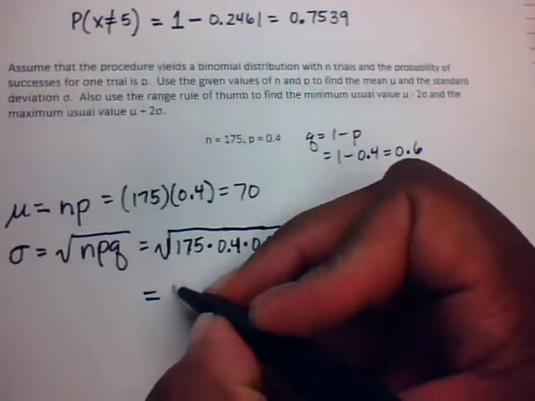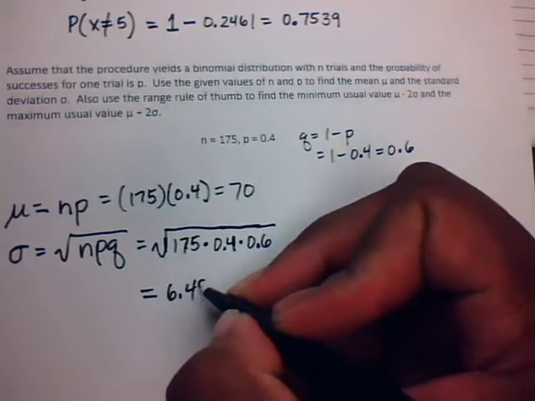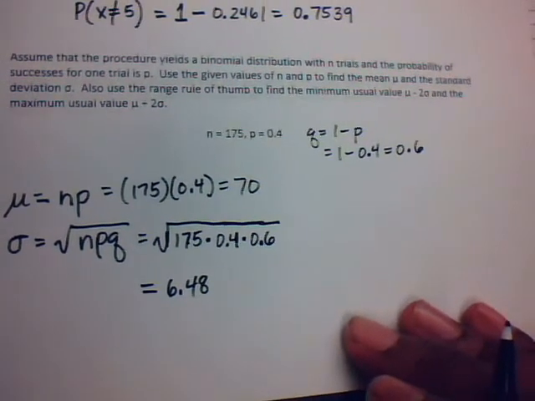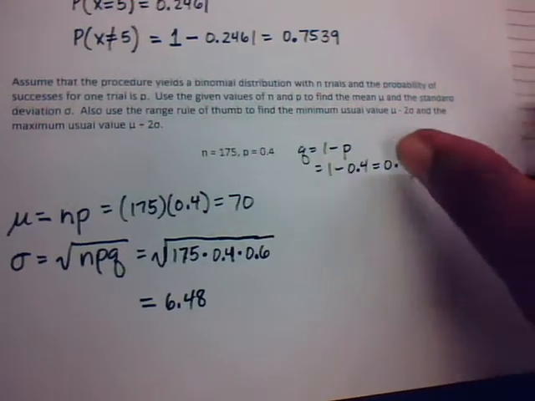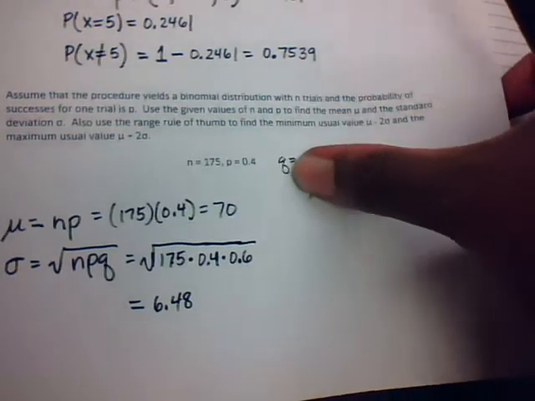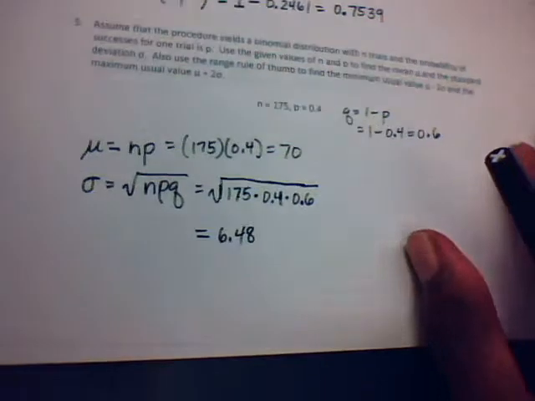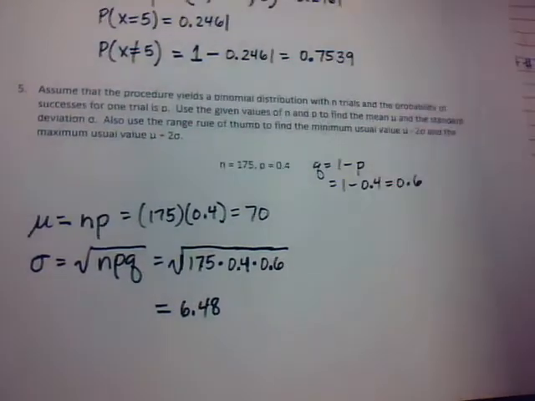So the standard deviation here is 6.48. Now in this case here, we want to find also the minimum and the maximum usual values here.